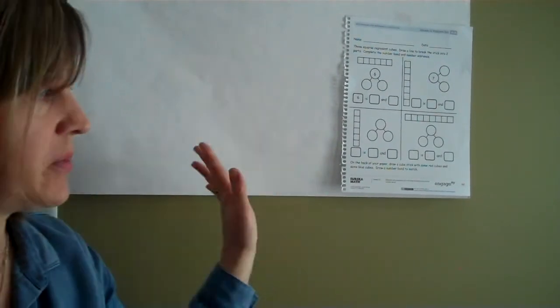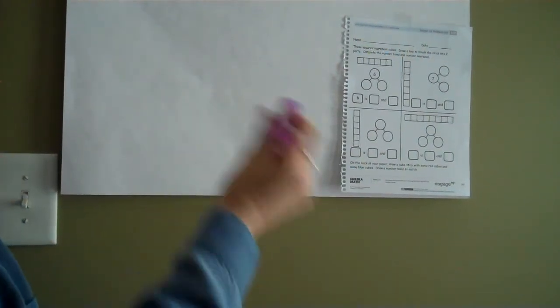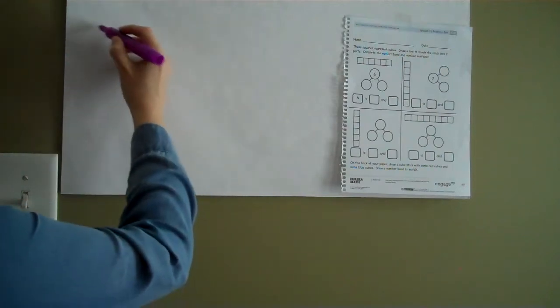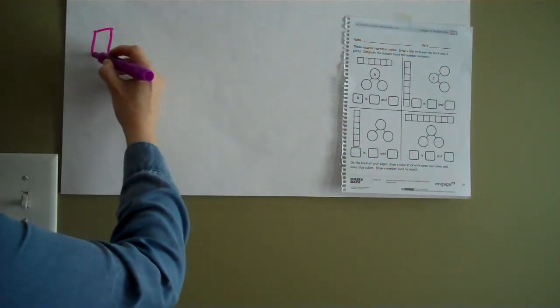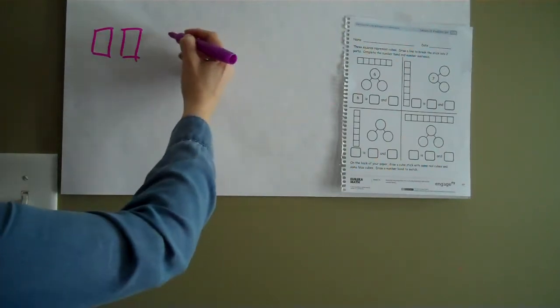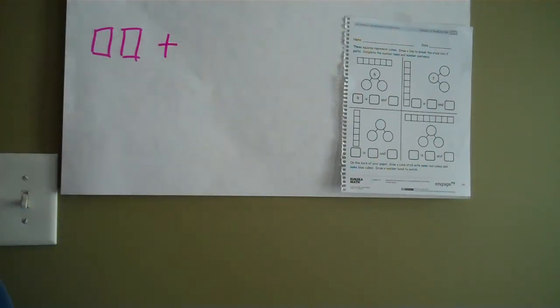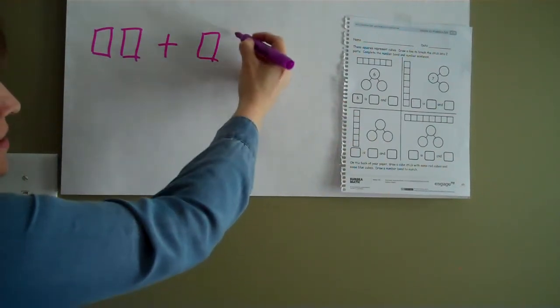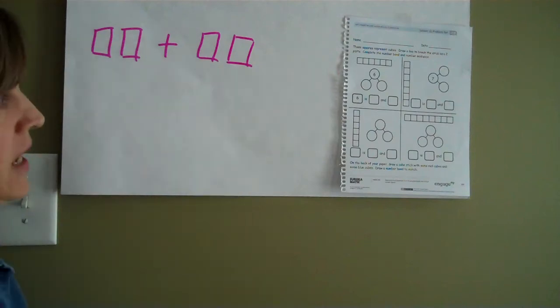So adding, we did in my classroom quite a bit of adding before we ended up on the close. So I just want to put up here on the paper just a quick problem adding. I'm going to start with some blocks, 1 and 2, and then my adding sign, that plus sign, and then I'm going to put 2 more, 1, 2, and then my equal sign.